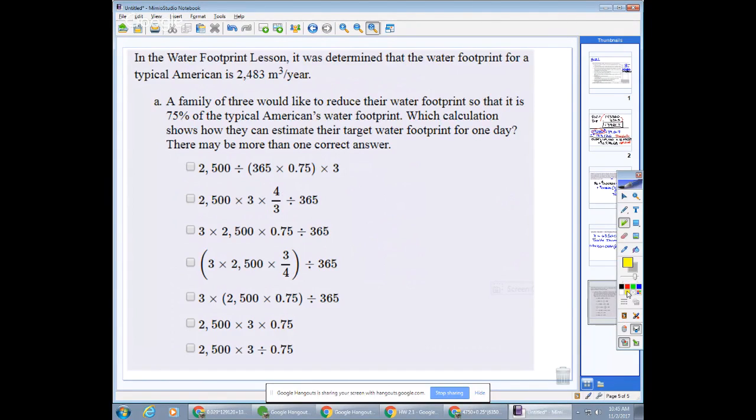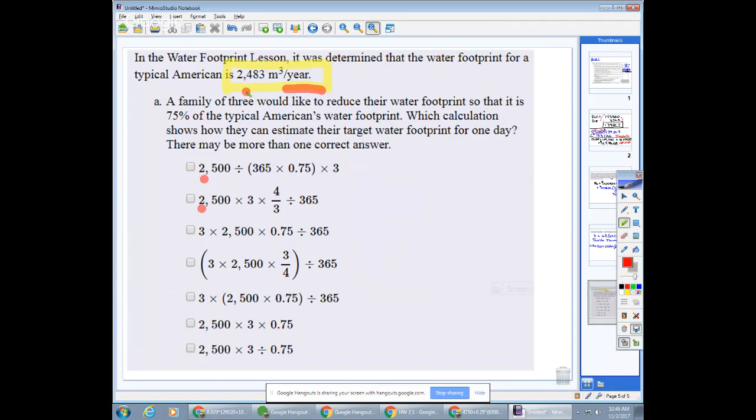All right, so we're given the average right there of 2,483 cubic meters. Cubic meter is a big chunk of water per year. So year is important there. Down here, notice they have 2,500 all over the place, so they're just rounding that up.